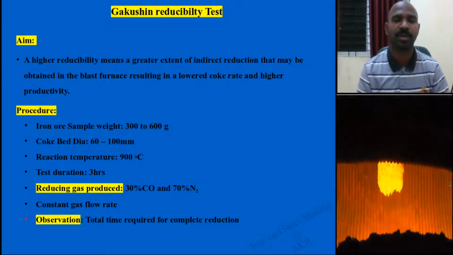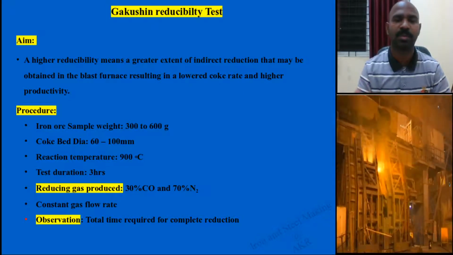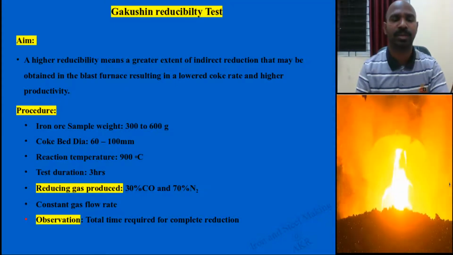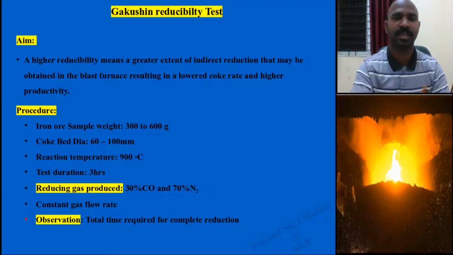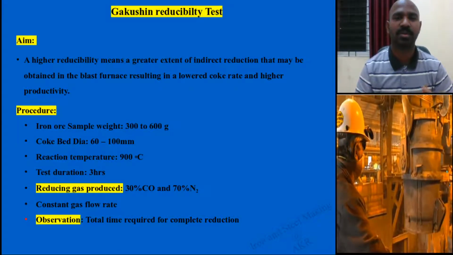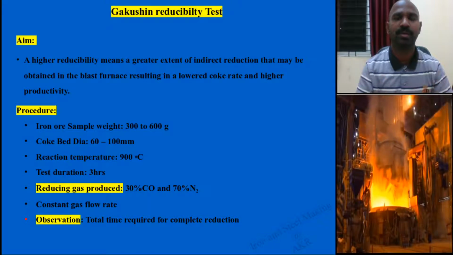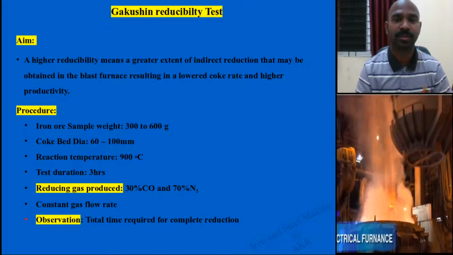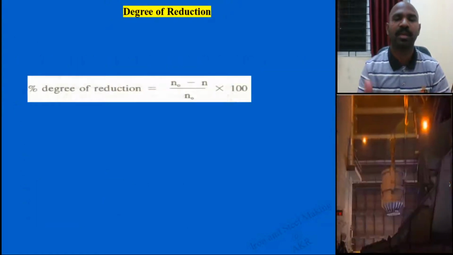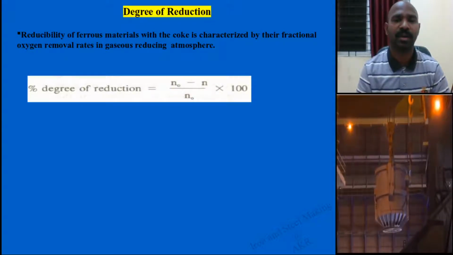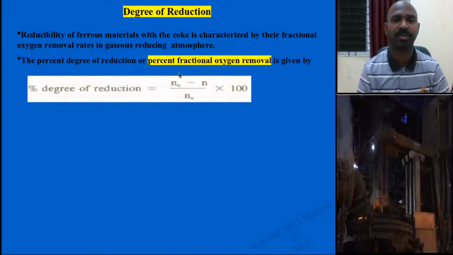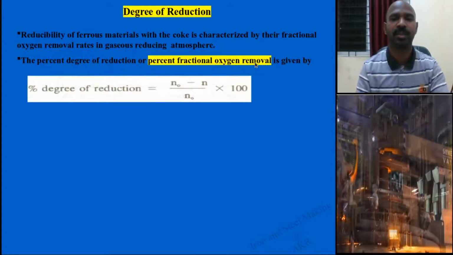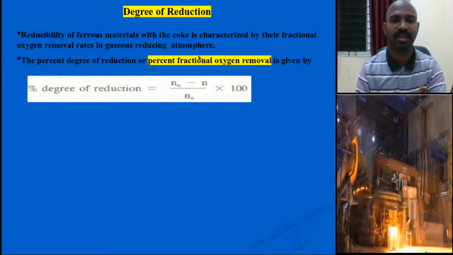Then the observation is how much time is required for complete reduction of this iron ore with coke. How much time is required, or what the indirect reduction is, how many gases are coming, all those things are calculated. How do you determine it? With one index, called the degree of reduction, or the percentage of fractional oxygen removal from the iron ore after the test is performed.